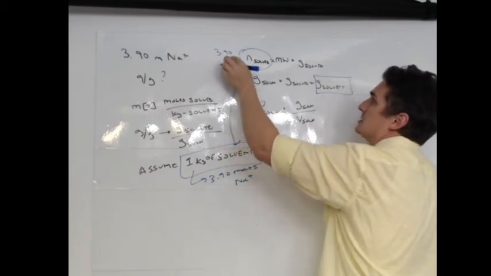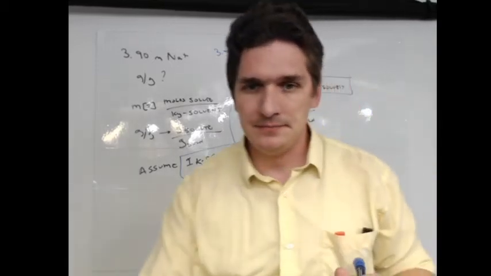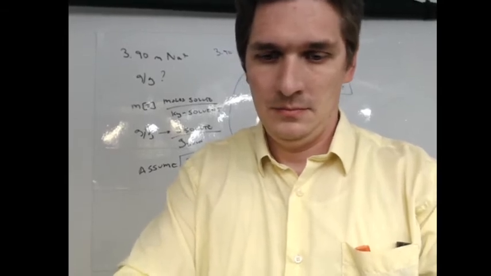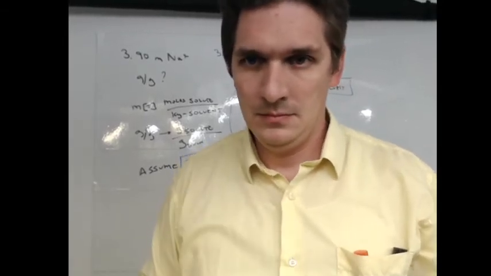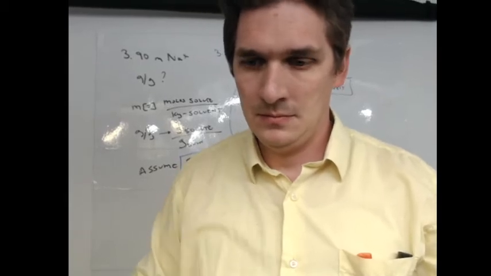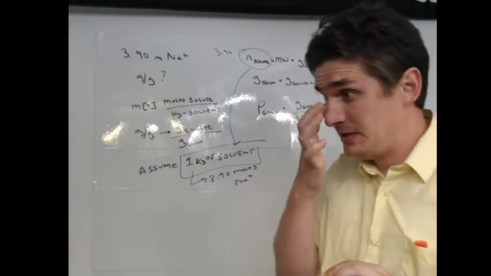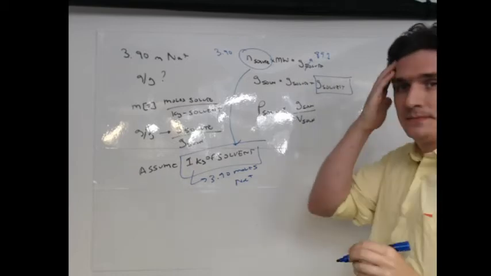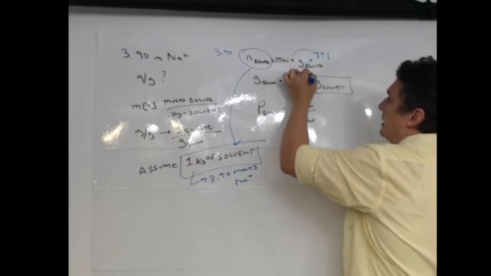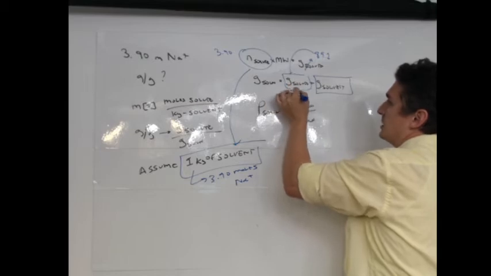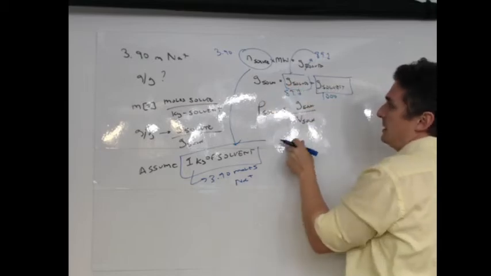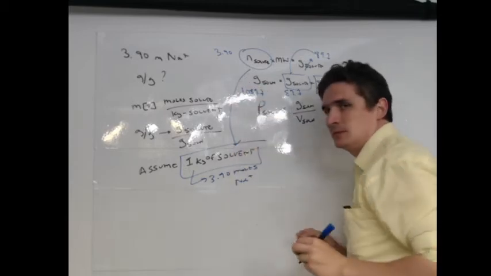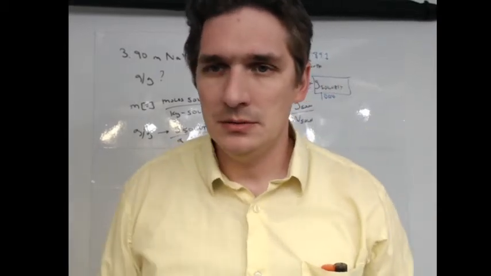So if we had 3.9 moles of sodium, that would give us, let me work it out, 89.7 grams of solute. That we can stick into that formula, so we have 89.7 grams of solute. We have 1 kilogram or 1,000 grams of solvent, so this gives us 1,089.7. Wait, I think sodium's 23.1.